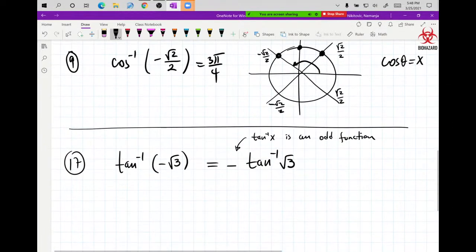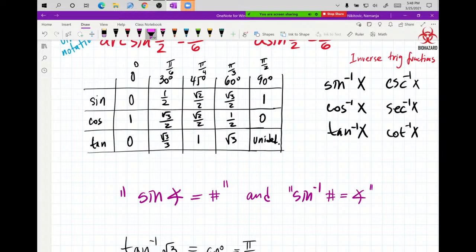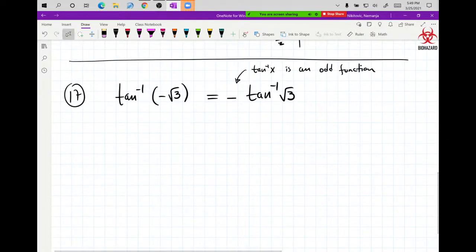All right, cool. Now, if I go and look at my chart, what is the value for inverse tangent of root 3? Inverse tangent of root 3 is pi over 3. Awesome. So the answer is negative pi over 3.